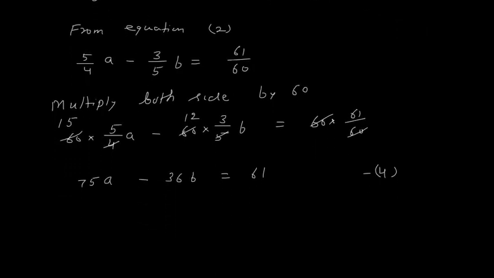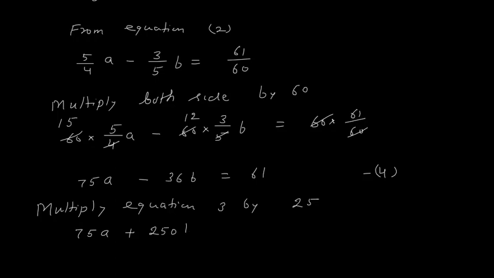So I will get 75a plus 25 into 10 is 250b is equal to 25 into 9, minus 225. This we consider as equation number 5.